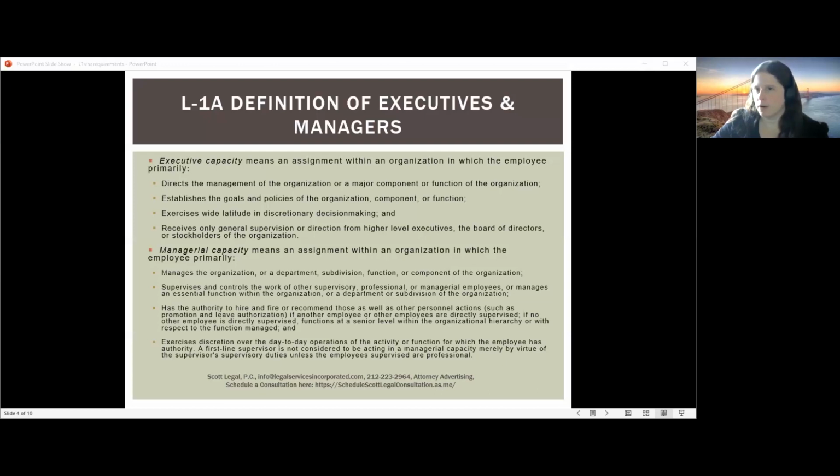But within that department, you manage a very essential function for the company. So for somebody who is more appropriately classified as a manager than as an executive or specialized knowledge worker, but manages a function as opposed to managing people, that's a potential option that can be explored as well.